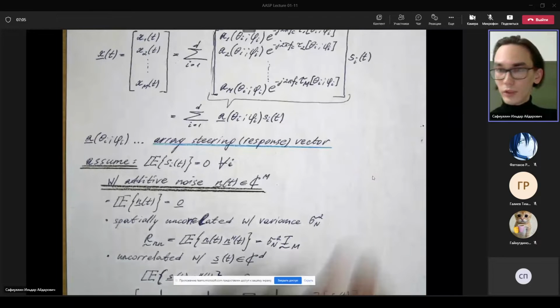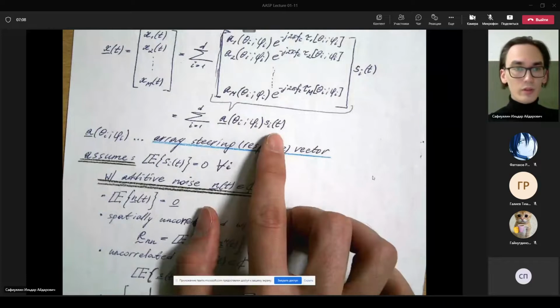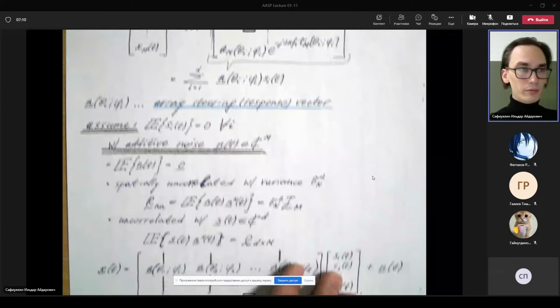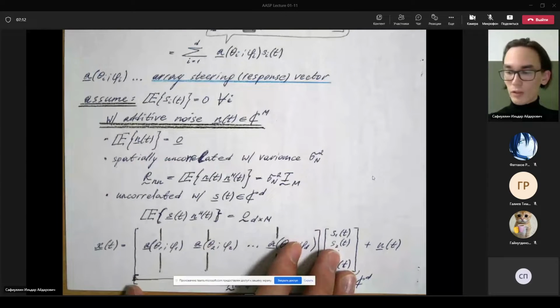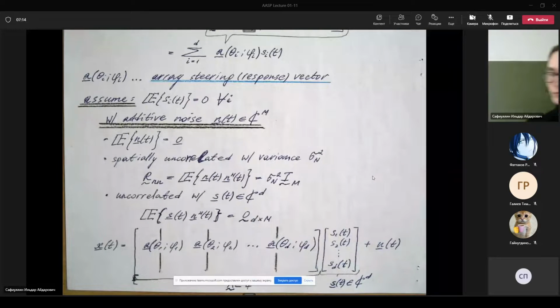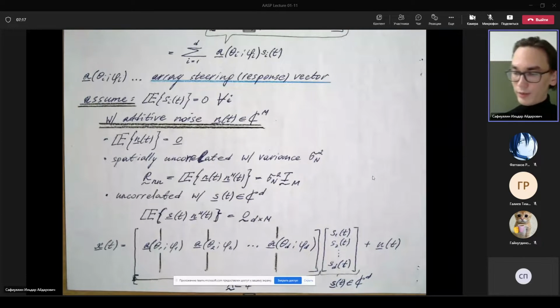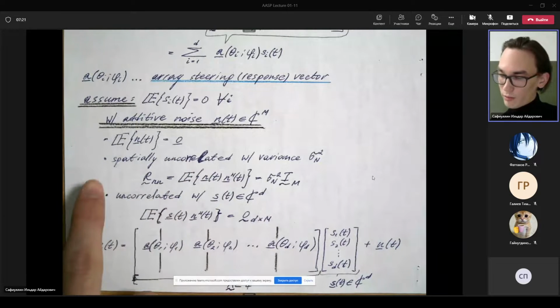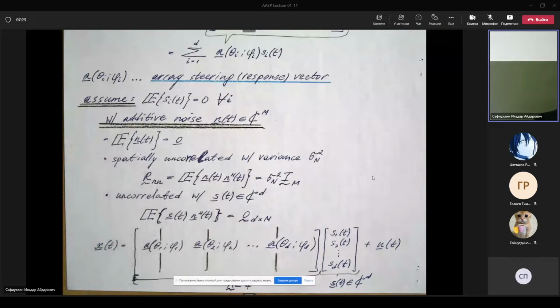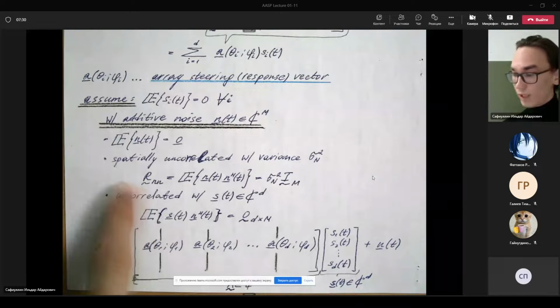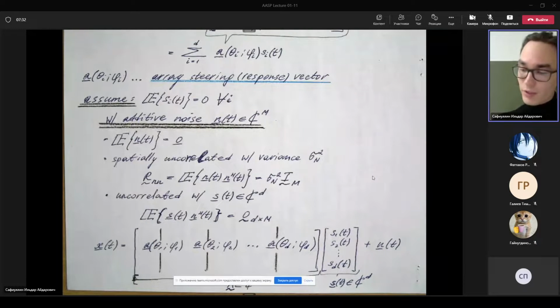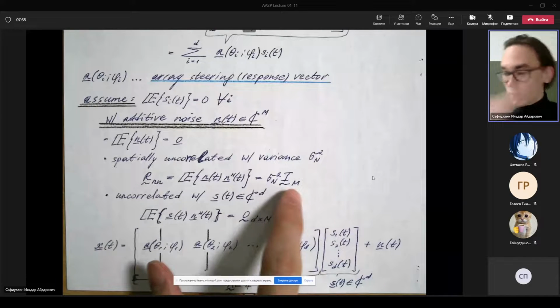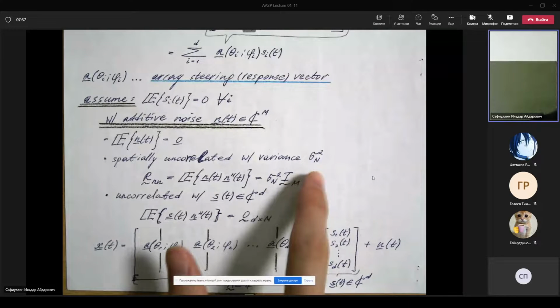these signals from sources have zero mean. Also, our additive noise has zero mean, and it is spatially uncorrelated, let's say, correlation matrix as identity matrix with variance sigma n squared.